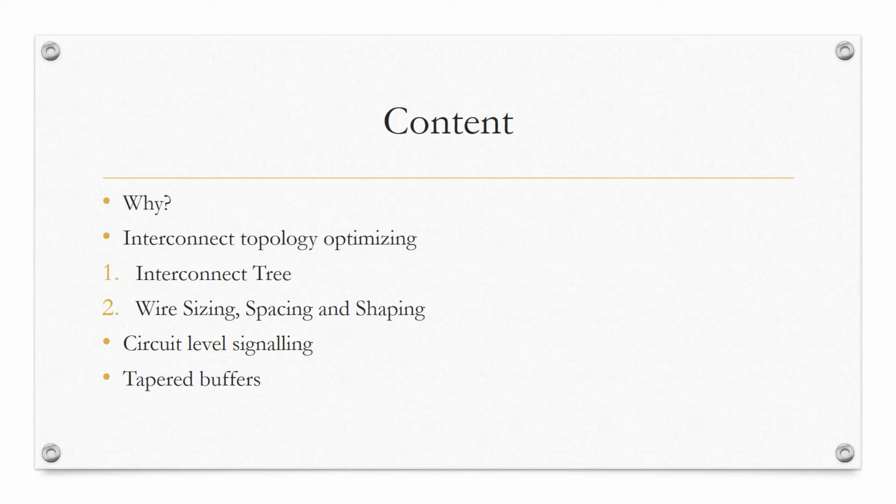And then at the end we will see various regenerative repeaters which are inserted, and how they improve the coupling noise and the overall performance. We will also see gate sizing to improve the coupling noise in this chapter. And then at the end we will see a comparison table among the various methods which are there to improve the global interconnect performance.